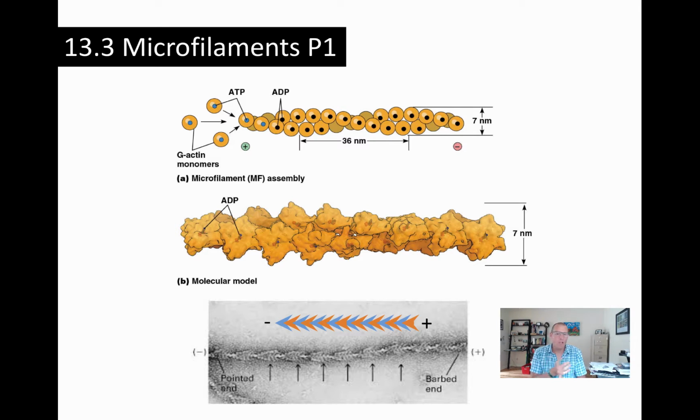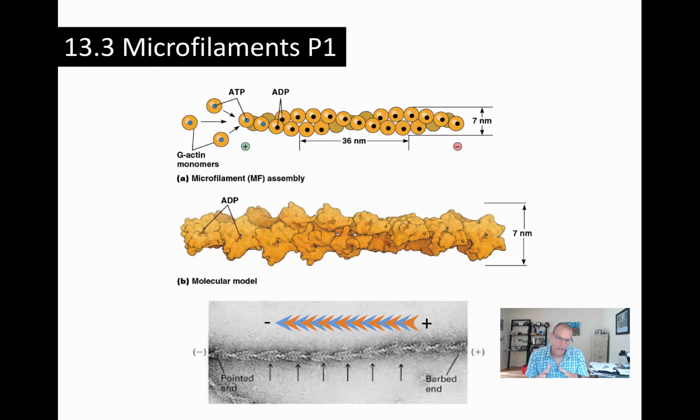So the G of G-actin stands for globular actin. The globular actin molecules polymerize into chains, so that would be an example of quaternary structure, to form the microfilament, which is 2 twisted helical filaments of polymerized G-actin. And so the polymerized G-actin is called F-actin or filamentous actin.